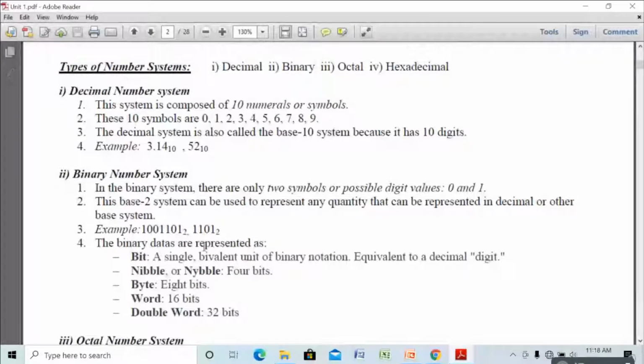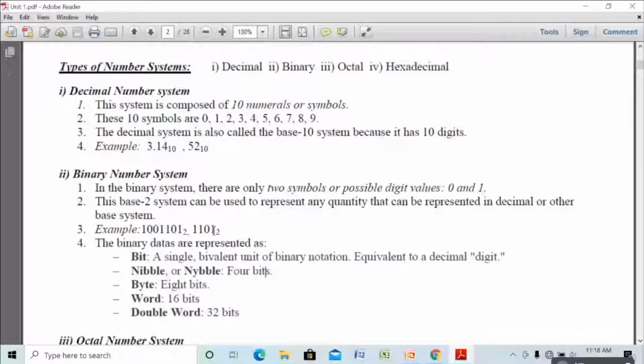Binary data can be represented as follows. If it has only a single bit, we call it a bit, so 1 means a bit, and otherwise 0 as well.